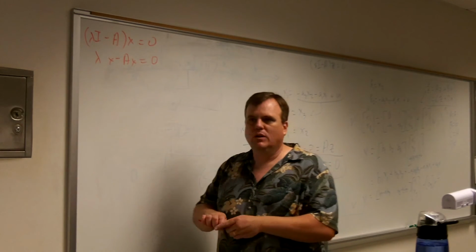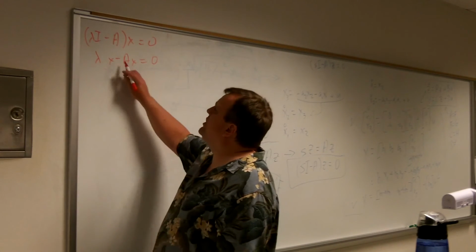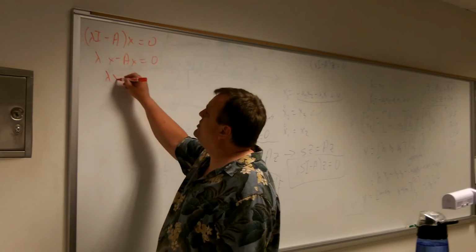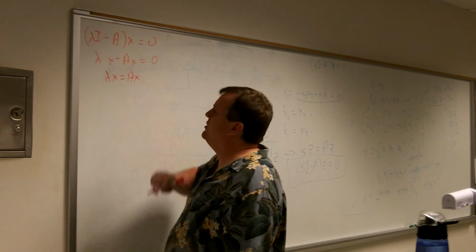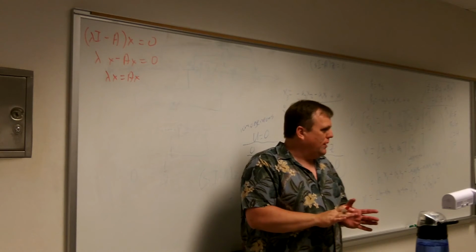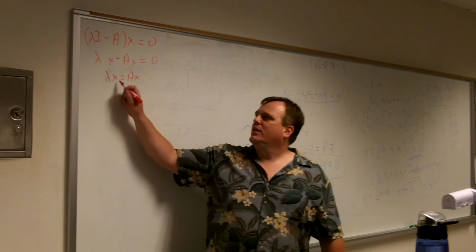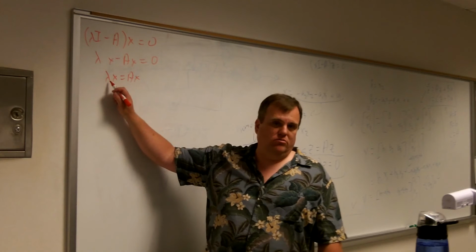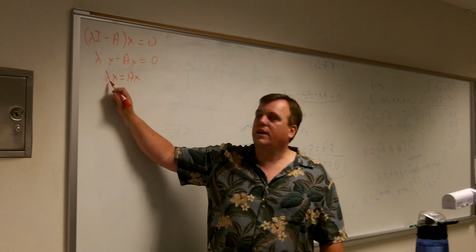All right. Now I can take the AX to the other side. That means lambda X has to equal AX. Now, I submit to you there's something kind of cool about this. Lambda is a scalar, so it's a 1 by 1.